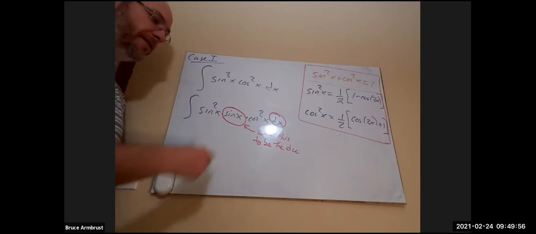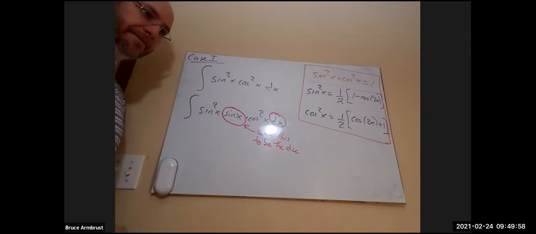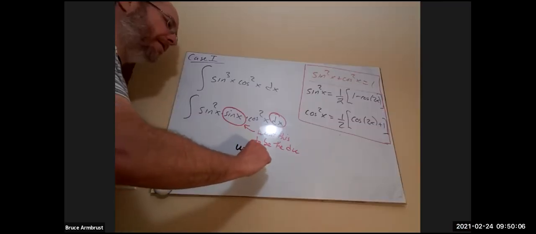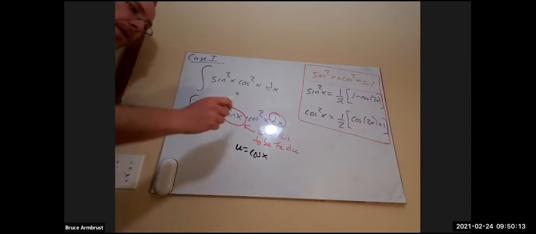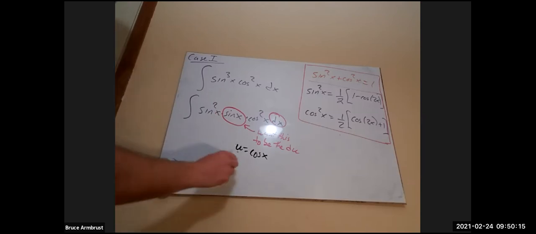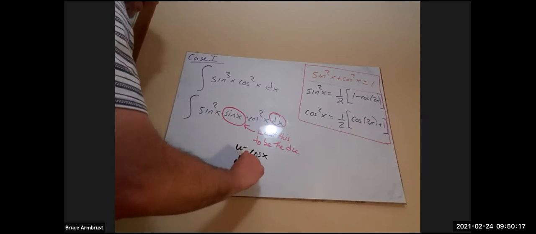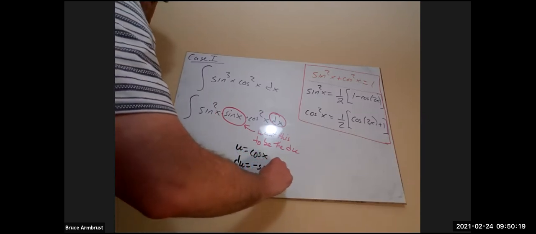Then what would my u be for substitution? What function has a derivative of sine? Cosine. All right, so if I want that to be the du, then my u is going to be cosine of x. So watch what happens if I do that. My u is cosine, my du is a minus sine x dx.